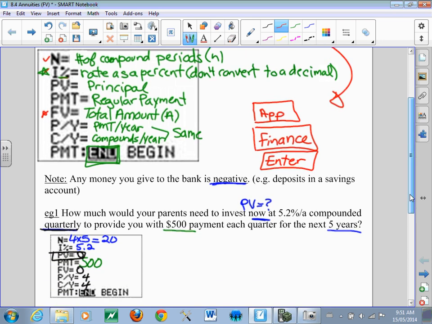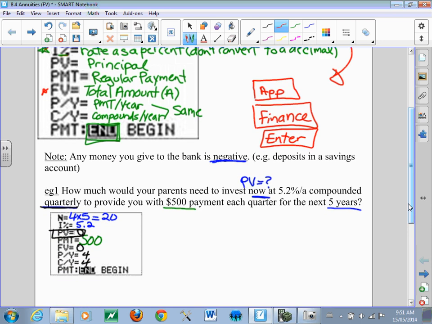And then all we're going to do is transfer this information on. The other point I want to make is how do we solve these? Once you've got every piece of information in, you're going to highlight the one you want to solve and press the following buttons: Alpha, which is your colored button, and enter. And notice that we're going to probably have a negative value here, guys.